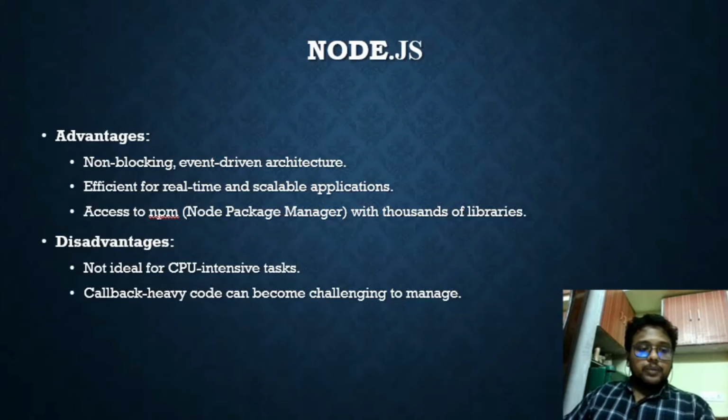For example, if you are building a chat application, Node.js can handle thousands of user messages to each other in real time without any problem. Coming to the advantages of Node, it is faster, lightweight, and comes with NPM, which is a massive library of tools that you can use in your project. Coming to its disadvantages, it's not best for tasks that require lots of CPU power, like video editing, etc.